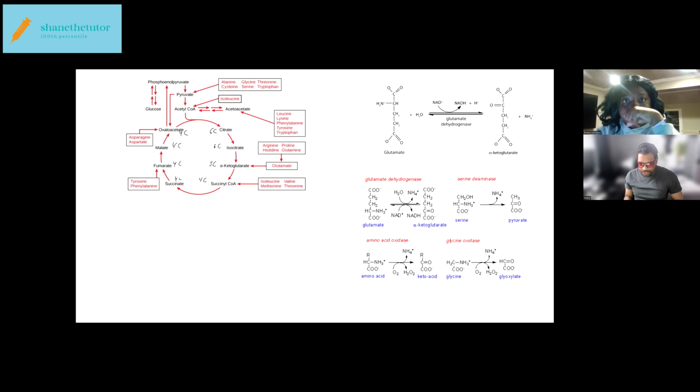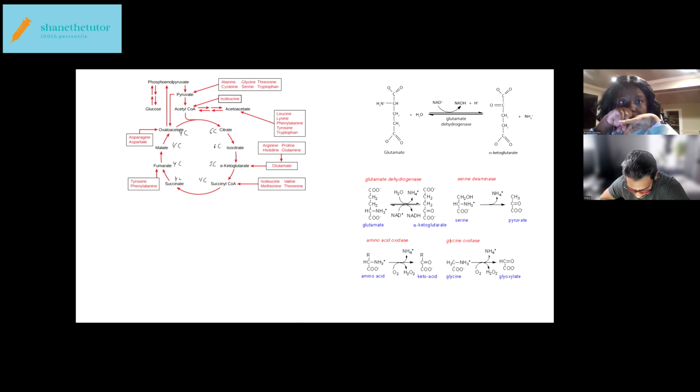So you get rid of the amine group and you're just left with that side chain, and then it's just a matter of however many carbons the molecule has.